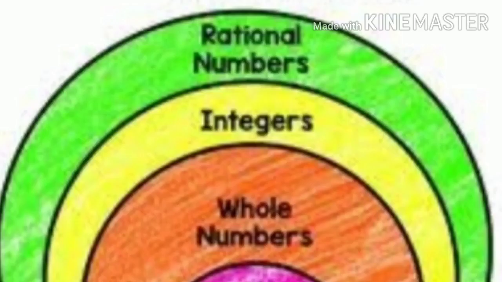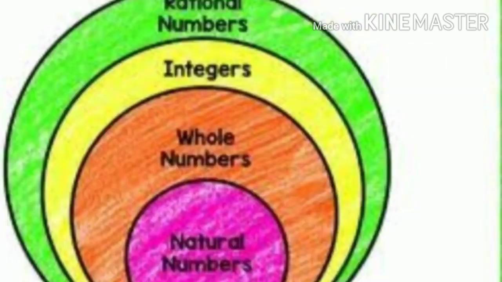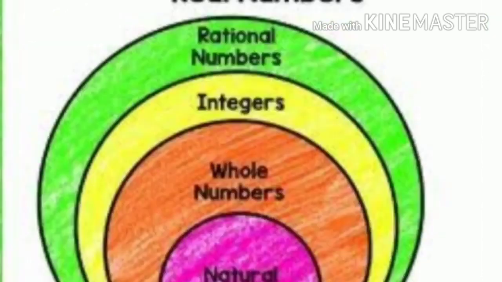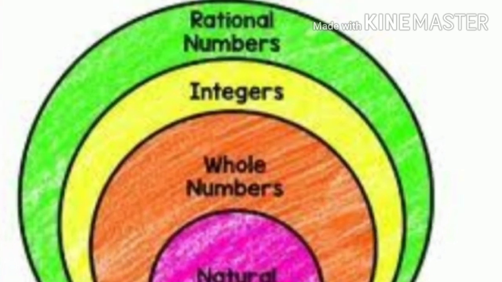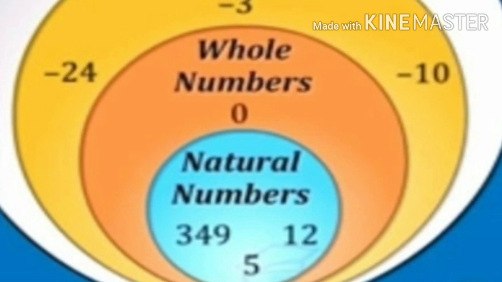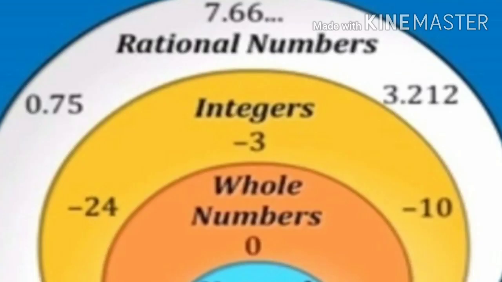Then you have the set of whole numbers, which contains 0 in addition to the numbers of the set of natural numbers. Then you have integers, and the biggest circle represents the set of rational numbers. I think this picture will make you understand the concept of natural numbers, whole numbers, integers and rational numbers.